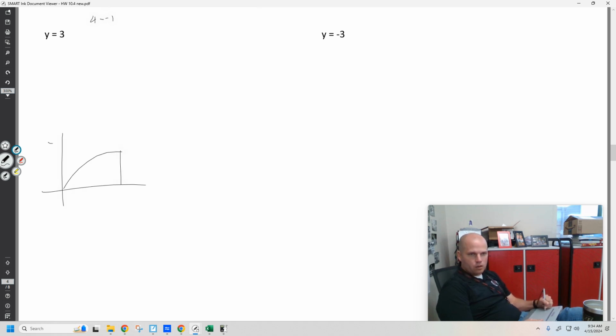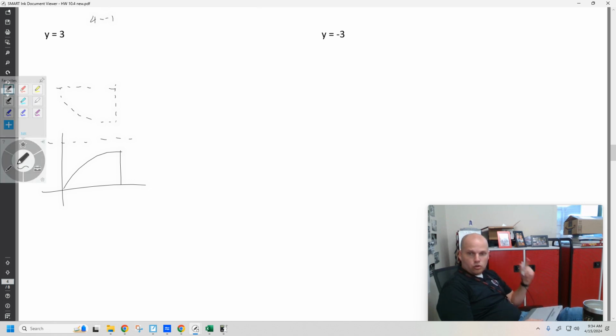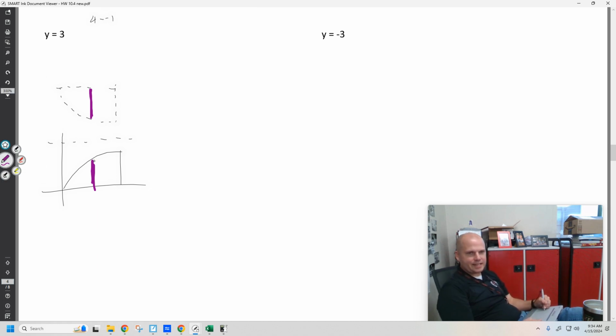Draw the reflection. Draw two sets of rectangles, outers and inners, or one rectangle getting spun to create a washer, a tire, but understand it's not going to be top minus bottom.